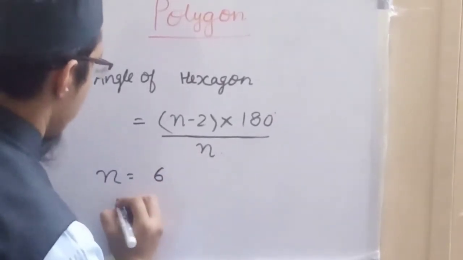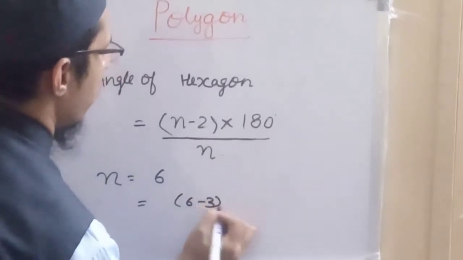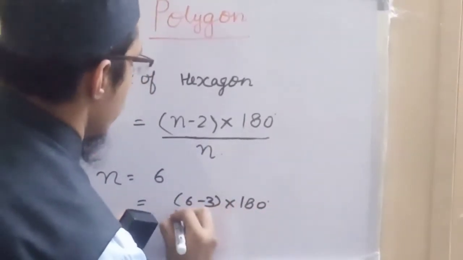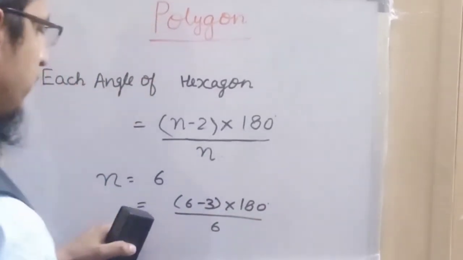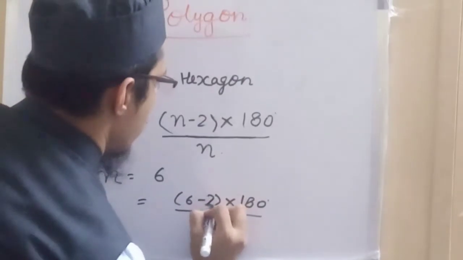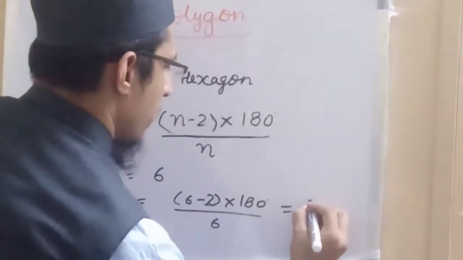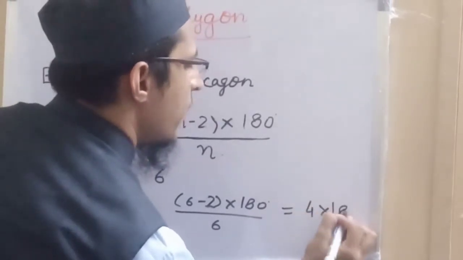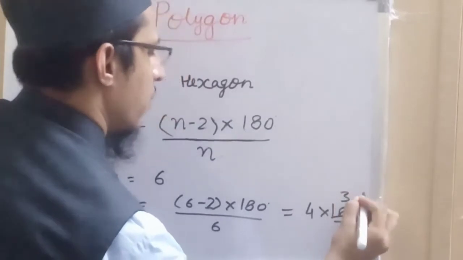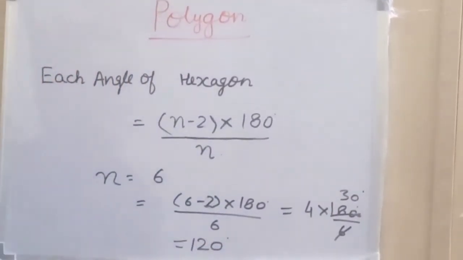So we can find the angle as (6 minus 2) into 180 degrees upon 6, that is n minus 2. So it will be 4 into 180 degrees by 6. So each angle will be equal to 120 degrees.